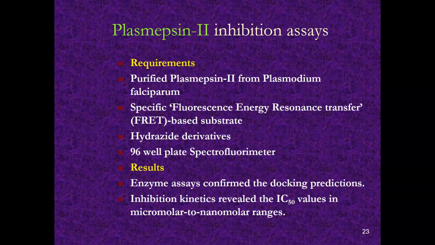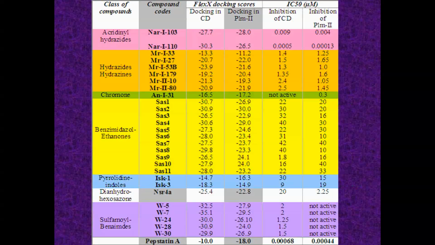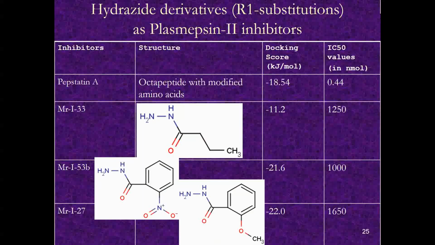This is the data showing the inhibition of compounds and the docking score of the compounds. Okay. For example, you see that these are the compound structure, the docking score and enzyme inhibition score were matching with each other.